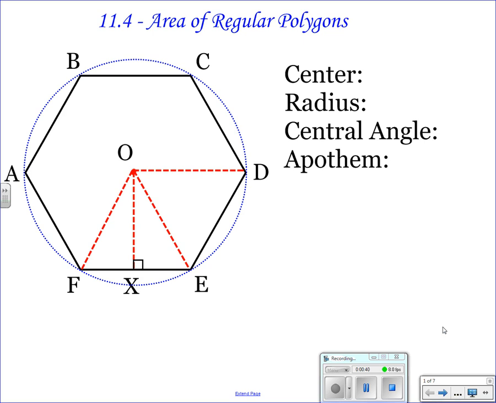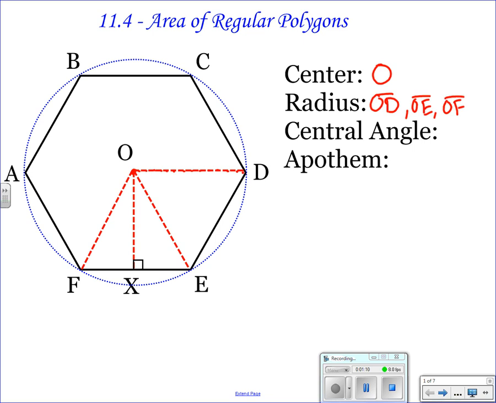You could also think about it as the intersection of all of the diagonals, so that's going to be O. Now the radius is from the center out to one of the vertices, or that would be the radius of the circle. So an example of that would be segment OD, segment OE.